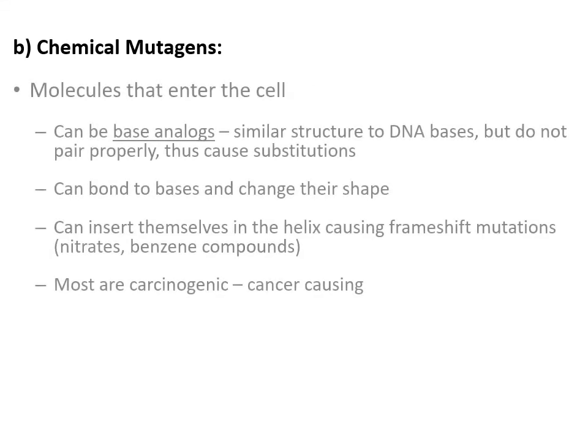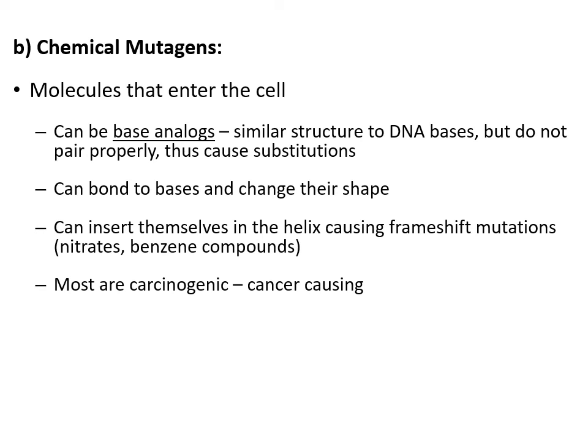Chemical mutagens, as we have seen lots of examples of them, so it sounds like smoke and diesel fumes and all that, can essentially act like the DNA bases themselves, but they don't pair properly. So where these nitrogenous bases are supposed to be going, you have something else there instead, and this is going to lead to your cells having to deal with reading something that's not actually correct.